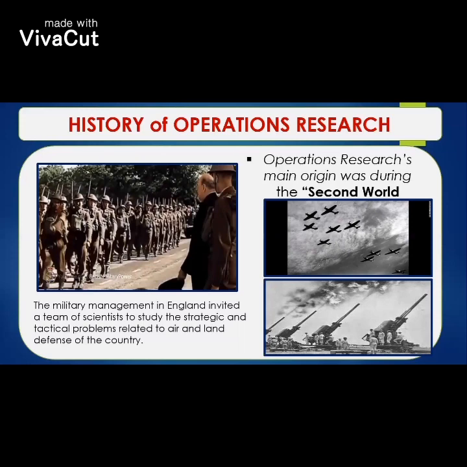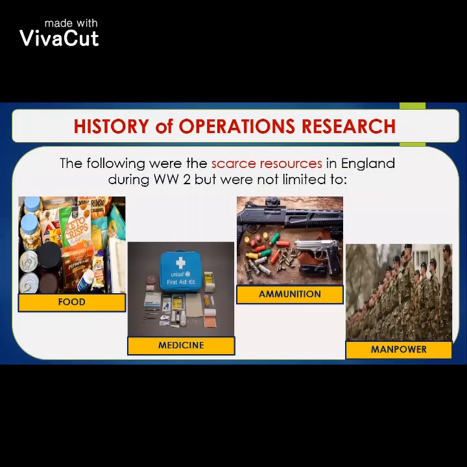The problem attained importance because at that time, the resources available to England were very limited, and the objective was to win the war with the available meager resources. The resources such as food, medicine, ammunition, manpower, etc., were required to manage the war and for the use of the population of the country.